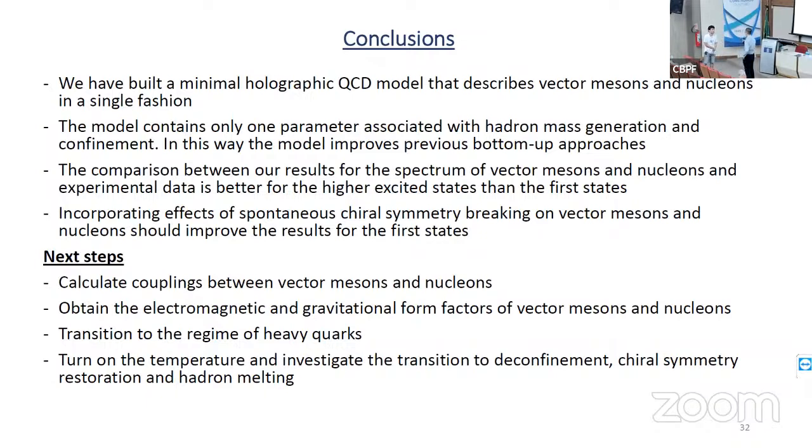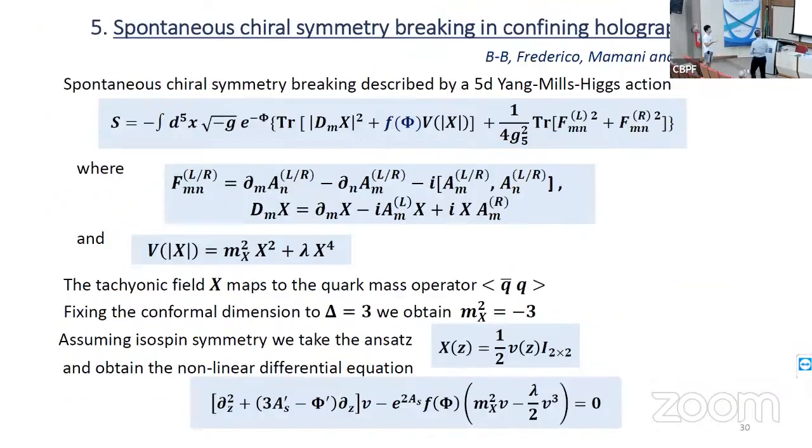Yes, it's possible. Actually, in this work with Professor Tobias, Wayne DePaula and Luis Mamani, we have incorporated scalar mesons. We have scalar mesons. We have pseudoscalar mesons. The scalar mesons and pseudoscalar mesons come from this field, this X. So this X field will contain the pseudoscalar once you perturb.